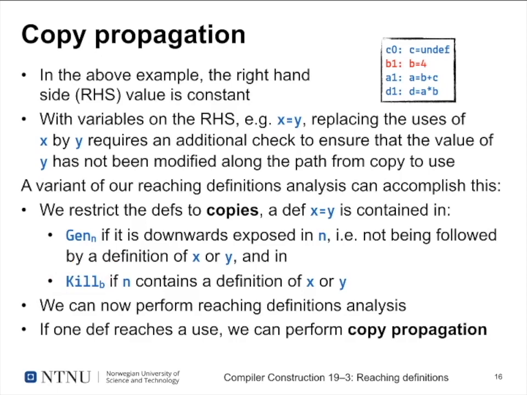Then we can perform a reaching definitions analysis using these constraints, and if one def reaches a use, we can perform copy propagation. Otherwise, we cannot be sure, and so we can't use this optimization in that case.